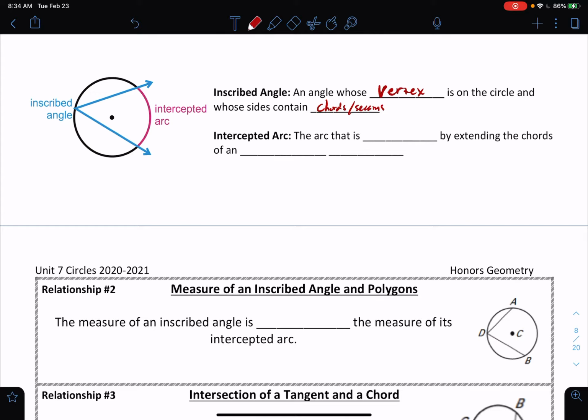We've got an inscribed angle here because the vertex is on the circle, and the segments go out and capture what's called an intercepted arc. An intercepted arc is the arc that is captured by extending the chords of an inscribed angle.